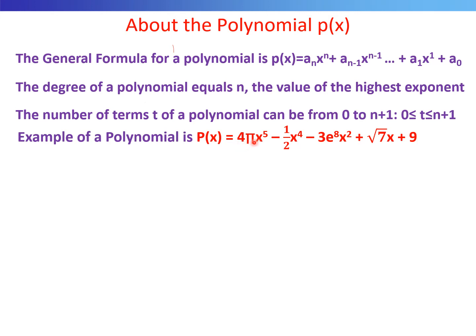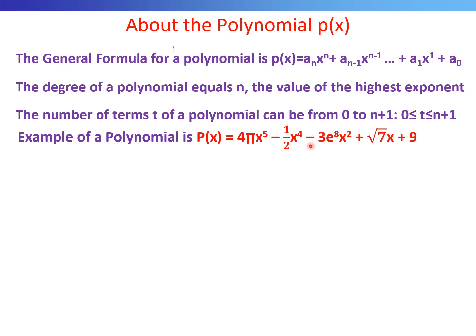So there is multiplication. There is exponentiation, x to the power 5. We have minus half x to the power 4. So there is subtraction. Half implies we're going to divide this term by 2. We divide x to the power 4 by 2. That means there is division.